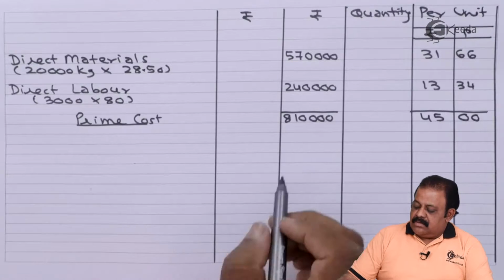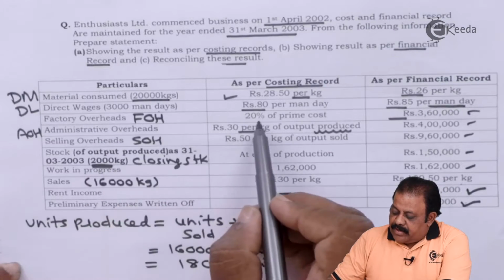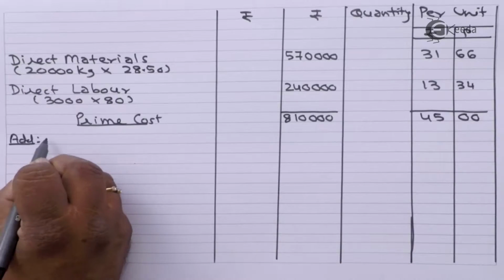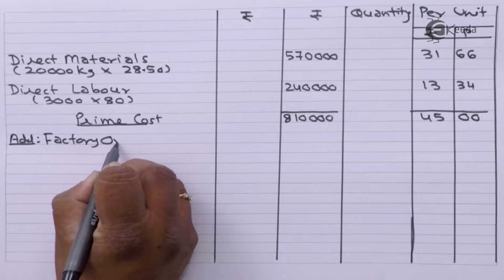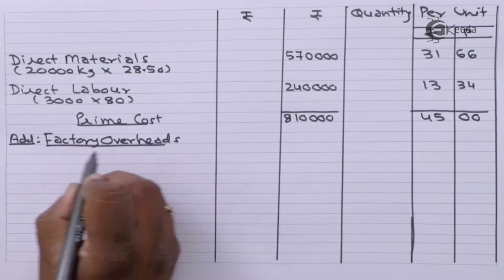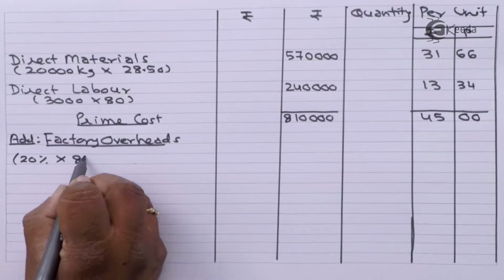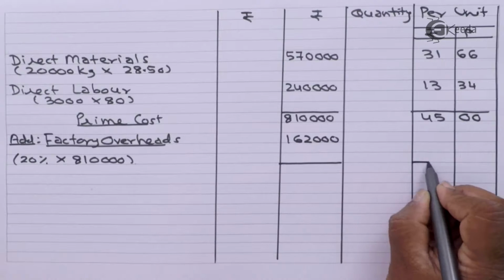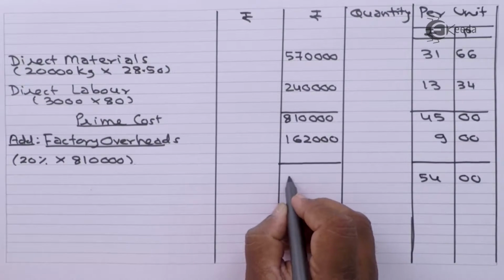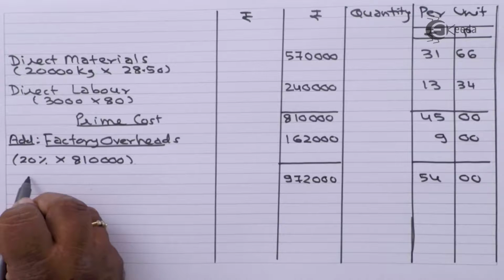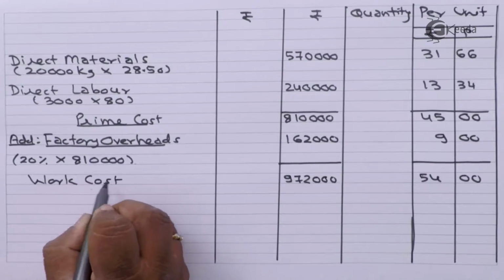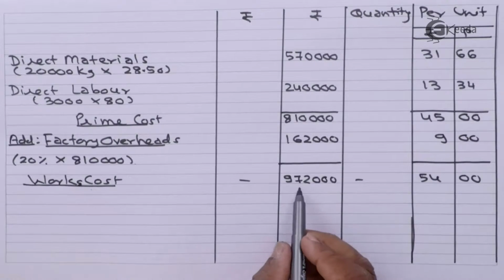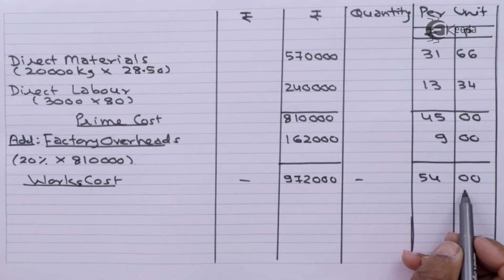So we got prime cost 8,10,000. Factory overheads 20% of prime cost. So we got works cost 9,72,000, per unit it is rupees 54.